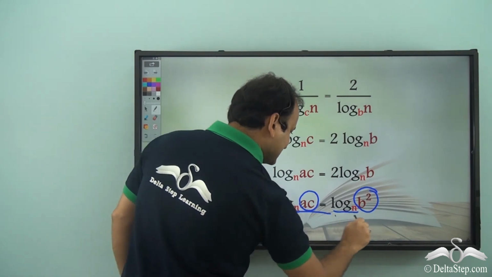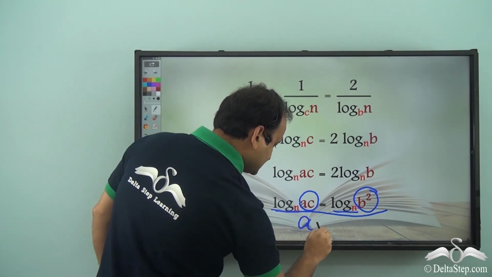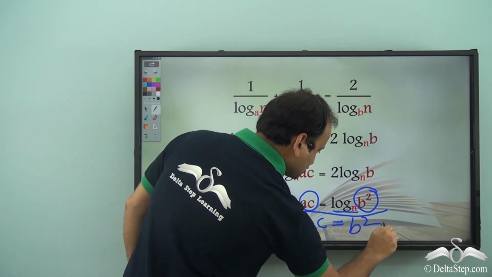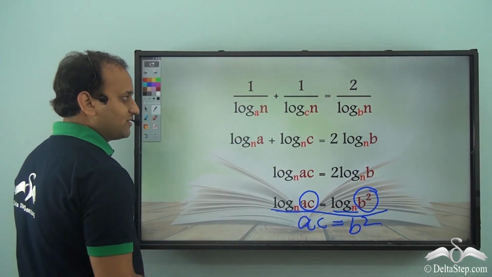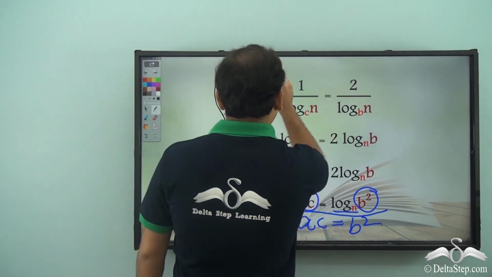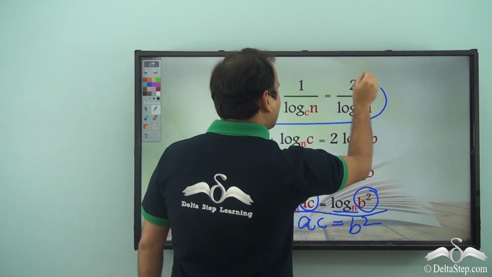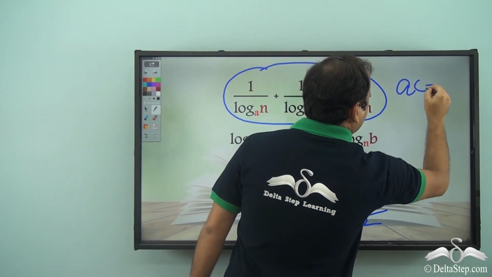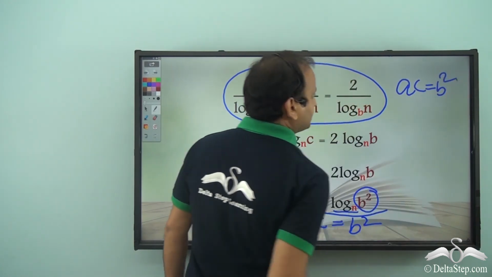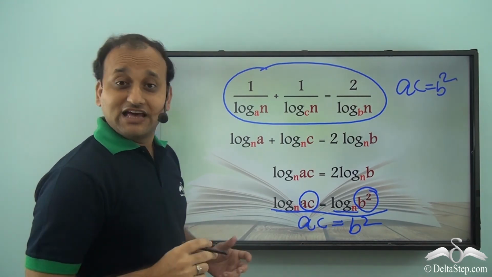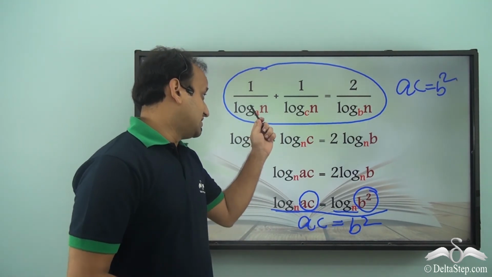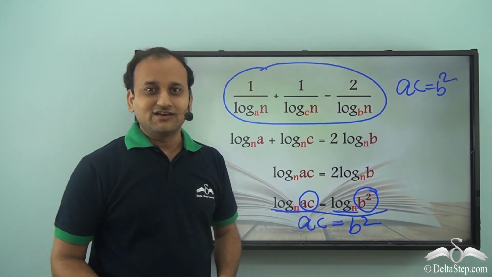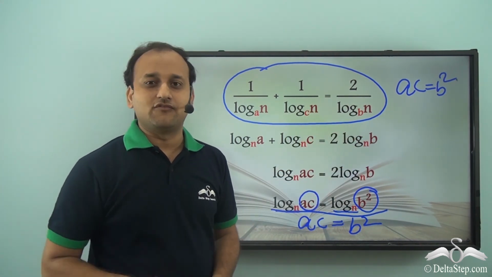So we can write this as ac is equal to b square, and that's what we wanted to prove. So this expression has helped us prove ac is equal to b square, and all this with the help of the reciprocal law or the reciprocal rule of logarithm, along with the product law and the power law of logarithm.